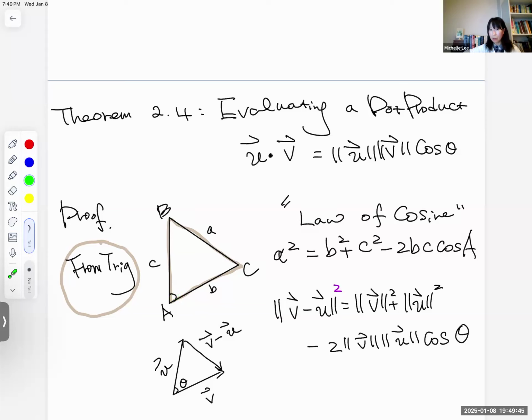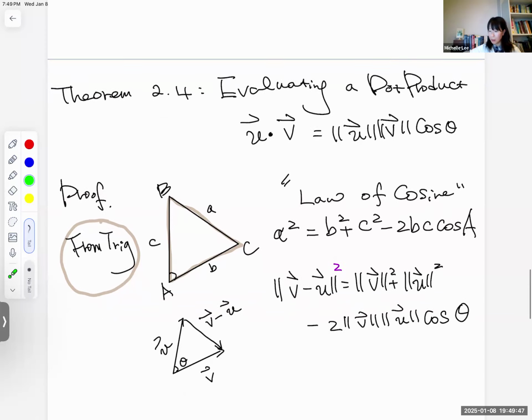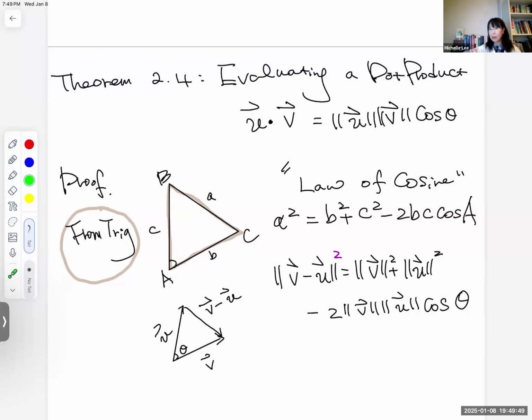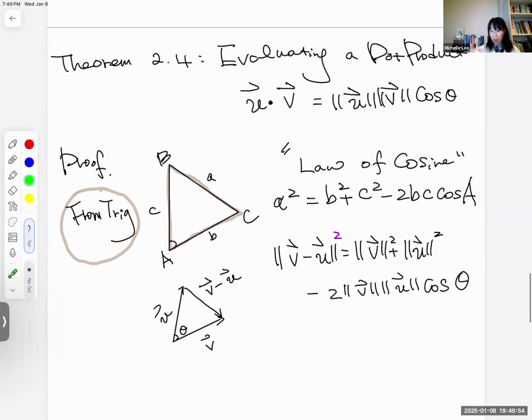That's the law of cosines. We use the same formula, so we make the vectors the same shape as the triangle. We have vector u there, vector v there, and this one will be vector v minus u. Same shape.